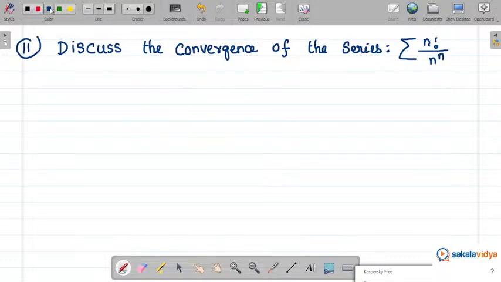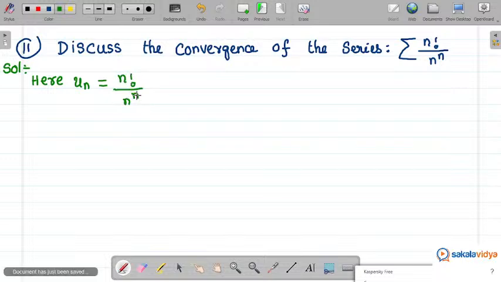Right, see the solution now. Here the nth term is given, so un equals n factorial by n to the power of n. Now let us find un plus 1. In the place of n, let us write n plus 1.